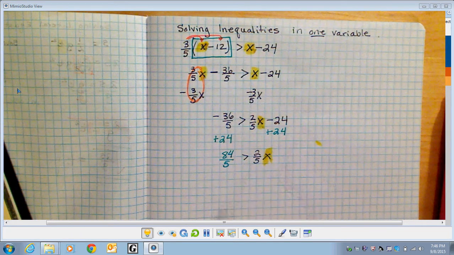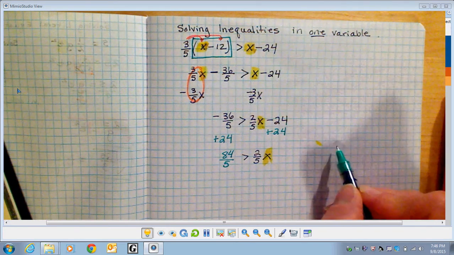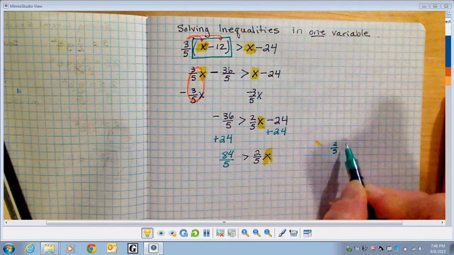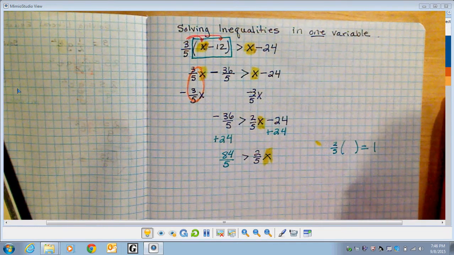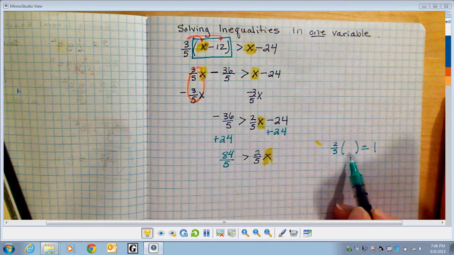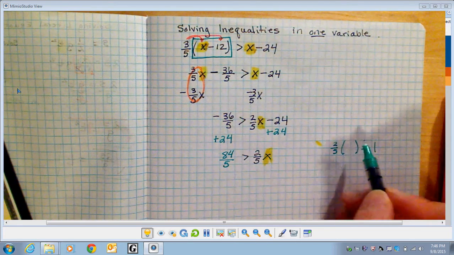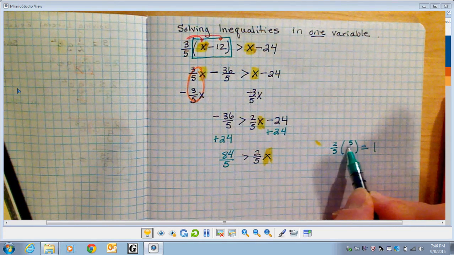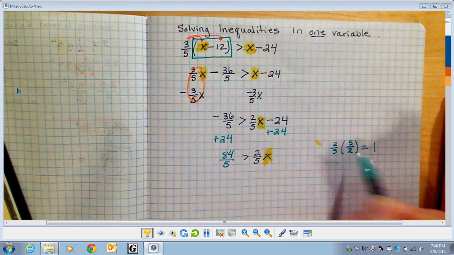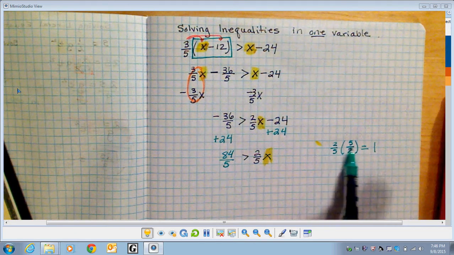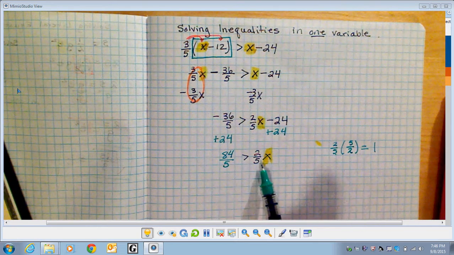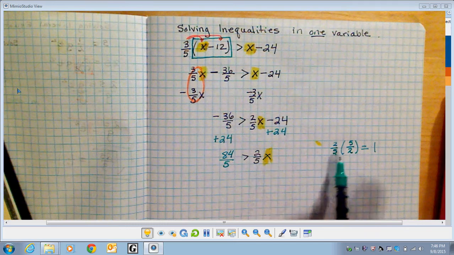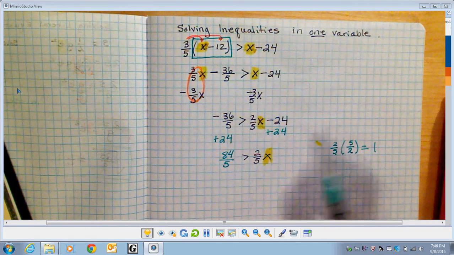So my question is, if I have 2/5, what am I going to multiply that by to get 1? So if you think about it, it would be the inverse or reciprocal, because 2 divided by 2 gives you 1. 5 divided by 5 gives you 1. So I have to multiply this number by 5/2.